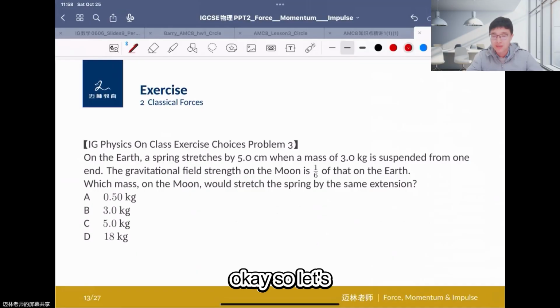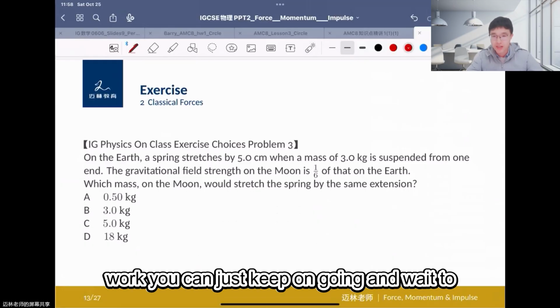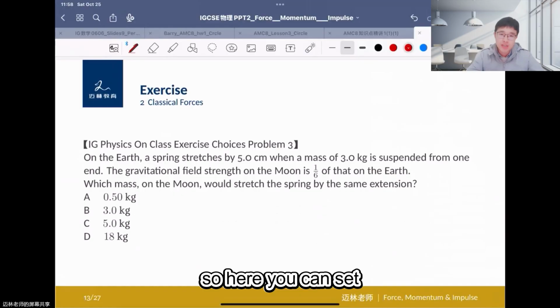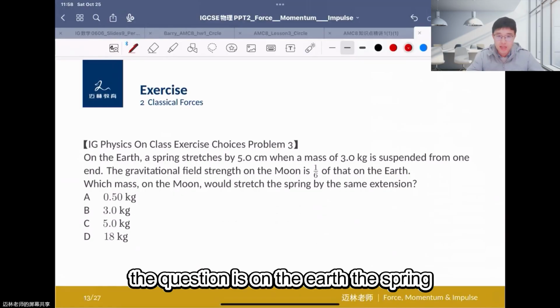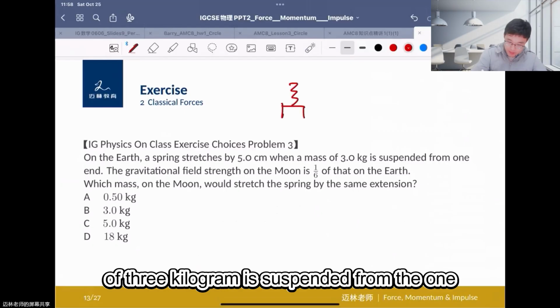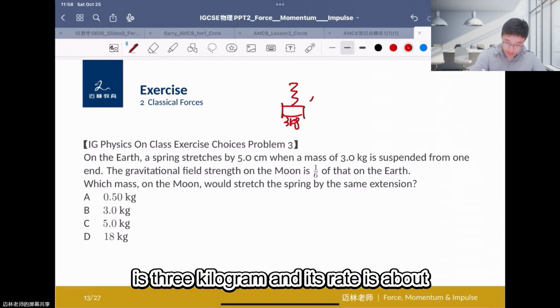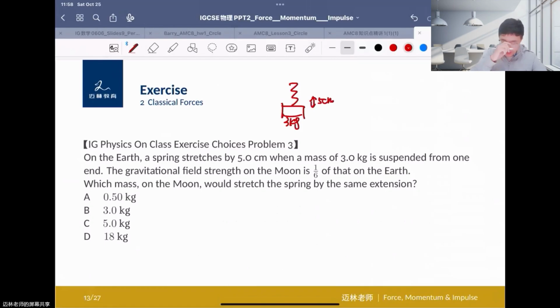Okay, let's go to our question. If you haven't finished your exercises, you can keep going and pause the video. The question is: a spring stretches by 5 centimeters when a mass of 3 kilograms is suspended from one end. So the mass is 3 kilograms and it stretches 5 centimeters.